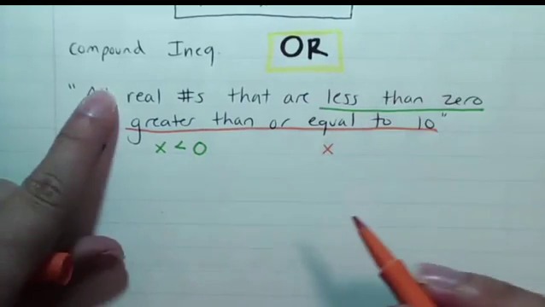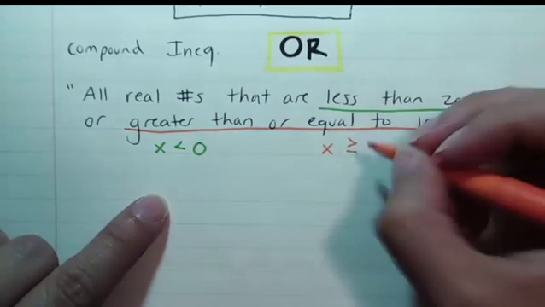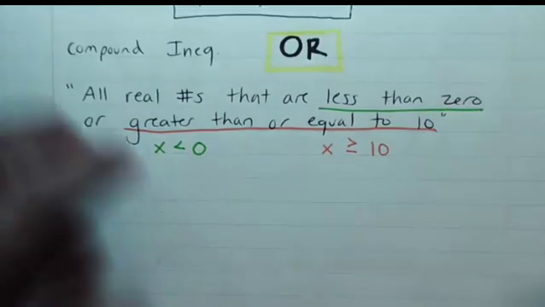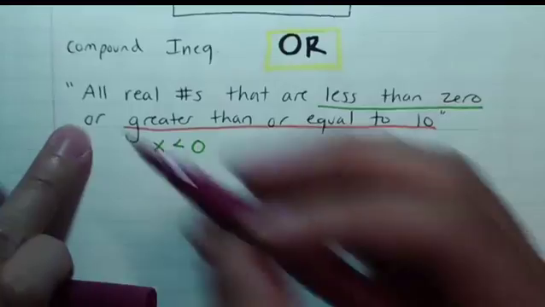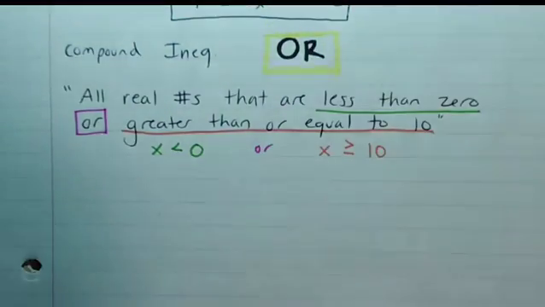So x, again, because that represents all real numbers, is greater than or equal to 10. Now the word that divides them here is not and, it's actually or. So that's where we have our two compound inequalities with the words and and or.